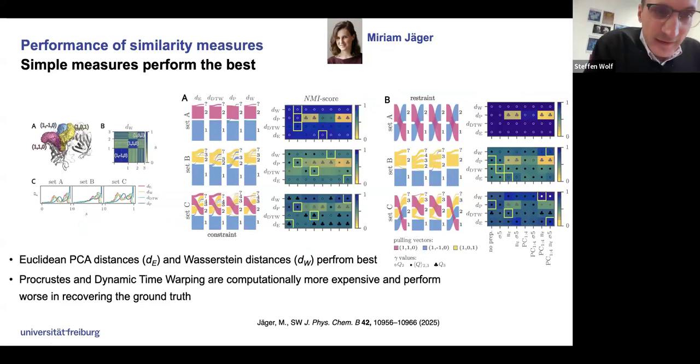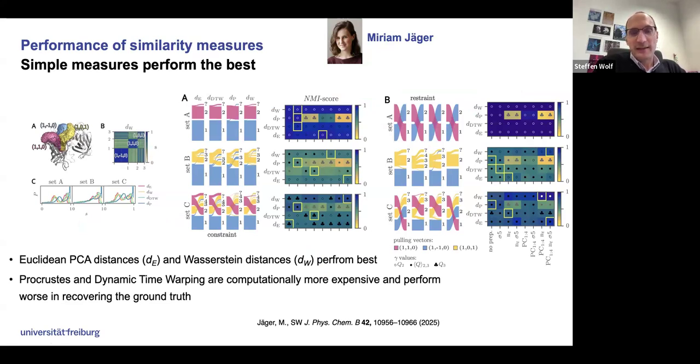Second question that one might ask is how well these distance measurements that I showed you before are performing over other possibilities to calculate the distances.